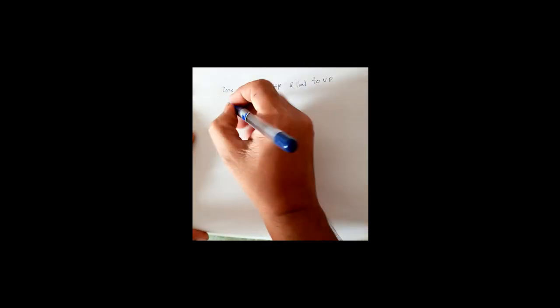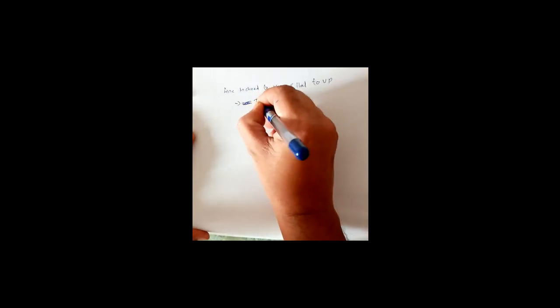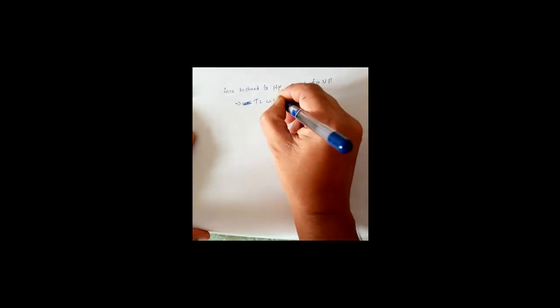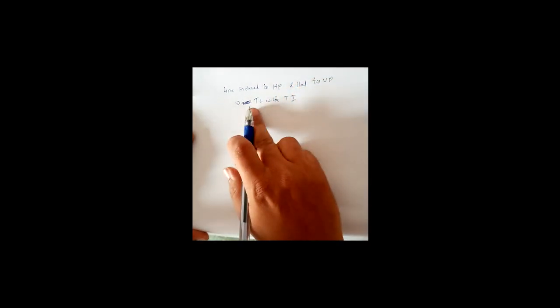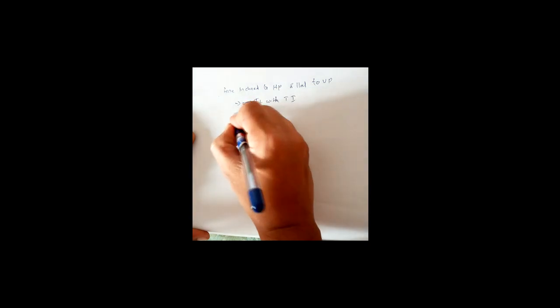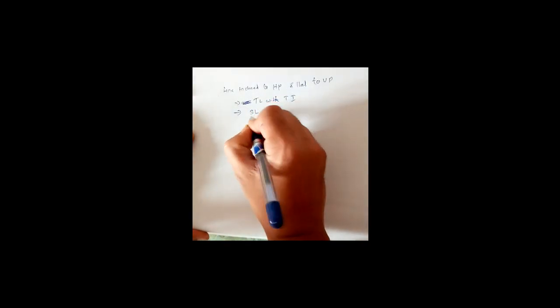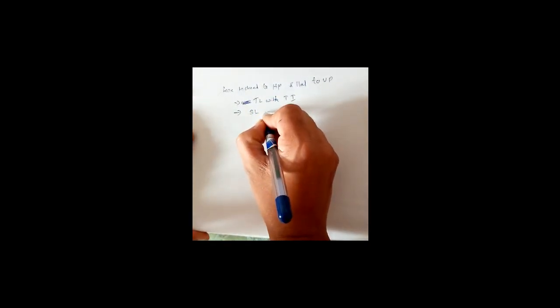You know that one view will be true length with the true inclination. TL means true length with the true inclination, and the other view is shortened. SL means shortened length, parallel to XY line. So you know this.